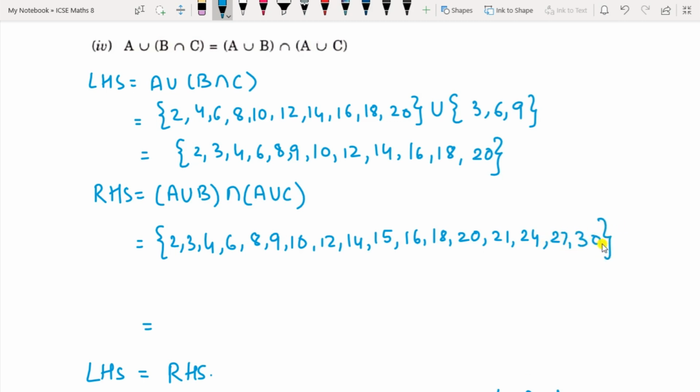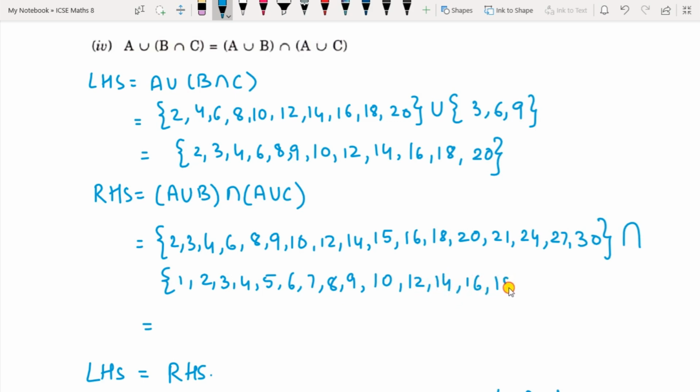This is your A union B, whose intersection with A union C is taken.